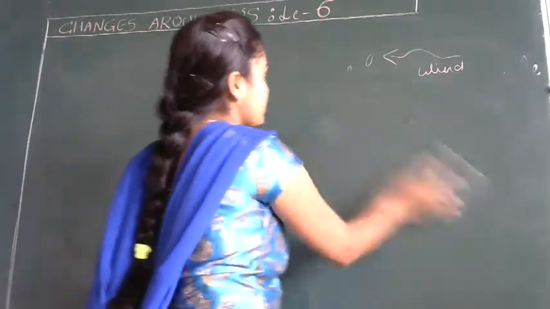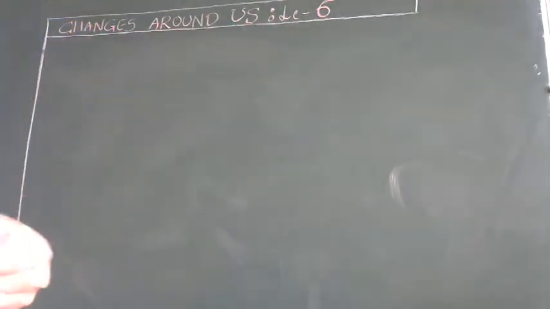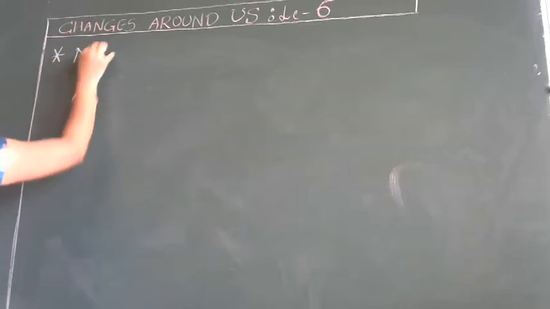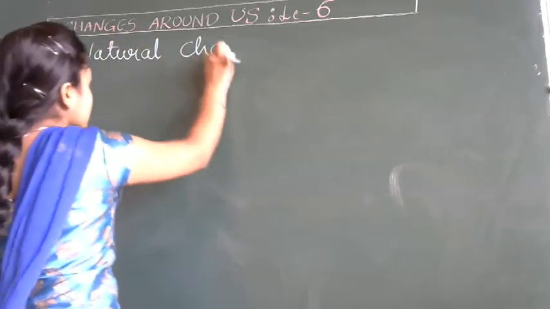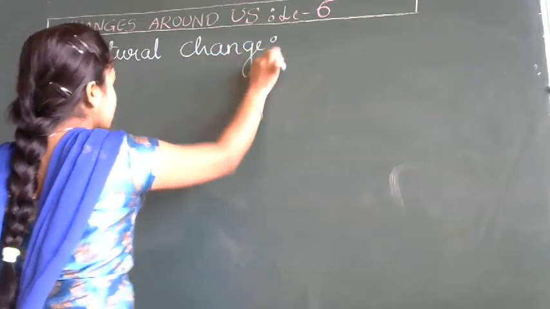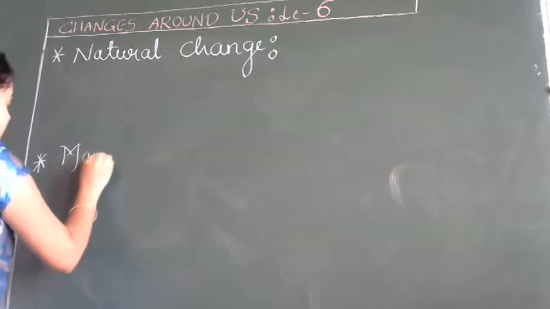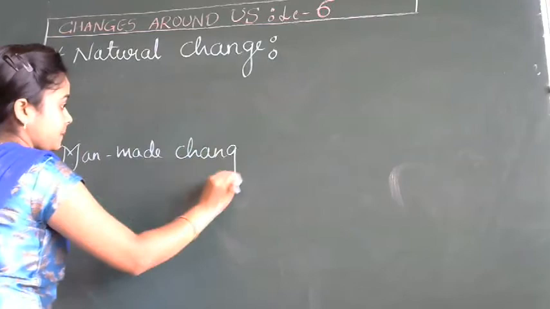Now we will see some of the changes, or the types you can say. Now we'll see two types of changes. First one is natural change and the second one is man-made change.